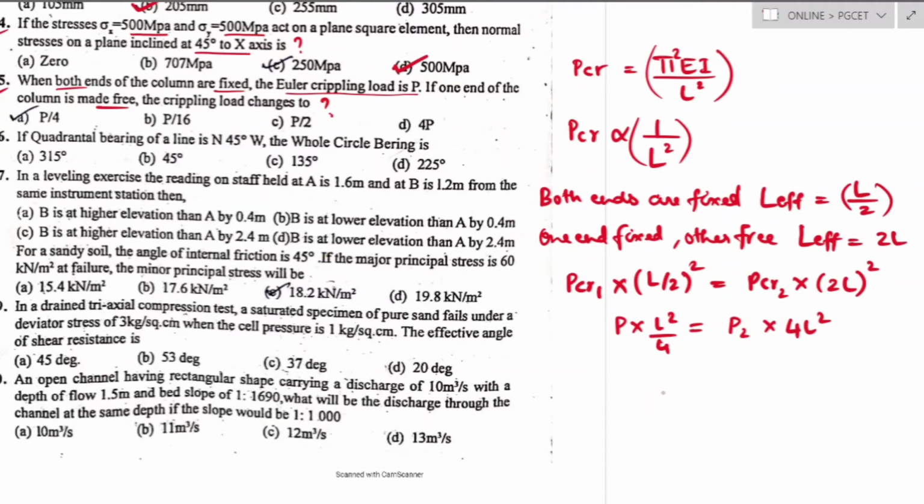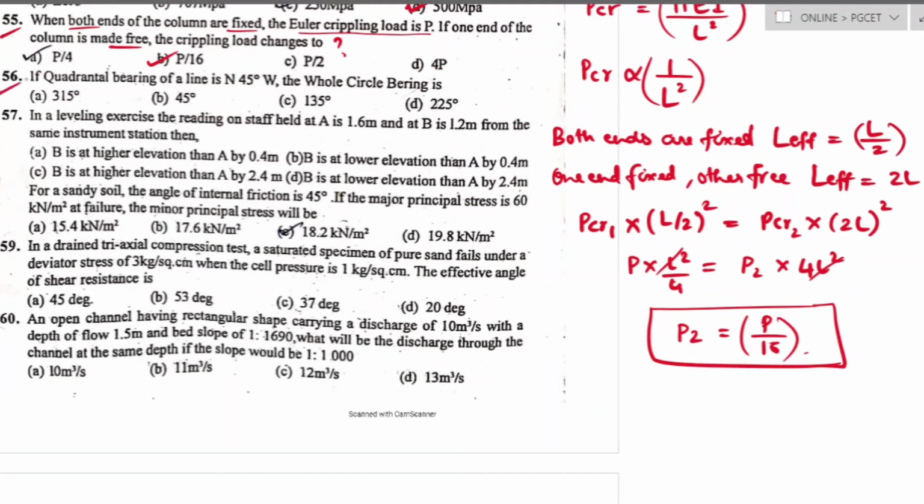Therefore, L square will be cancelled and P2 is equal to P by 16. So option B is the right answer, that is P by 16.